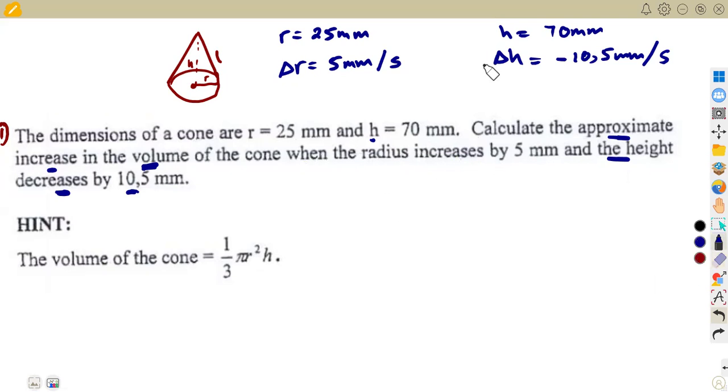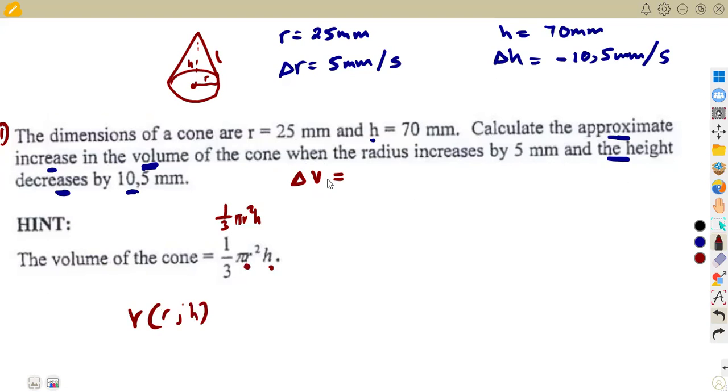The change in whatever you have is taken from the variables that create the formula. Our volume is given in terms of two variables, the radius and the height. We're given a third pi r squared h.